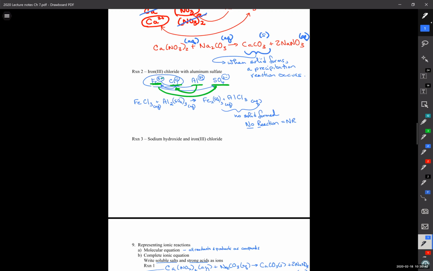That's right. Yeah, so this is your products, right? And then you have your reactants, so you have to write those out so you balance. You're almost there.